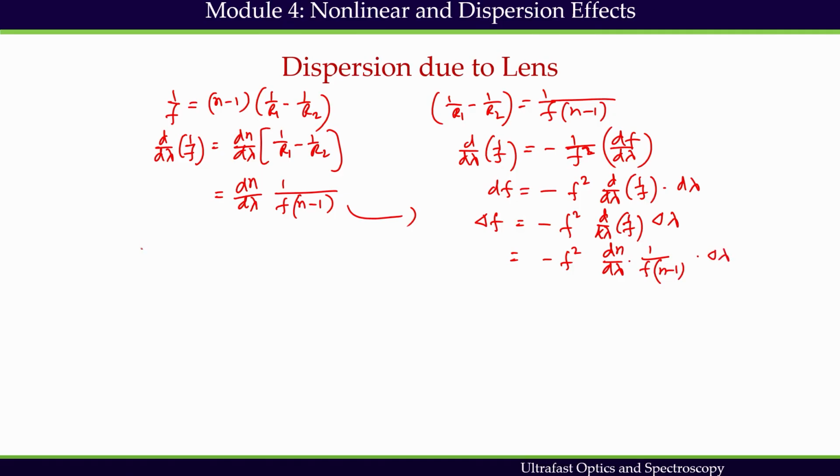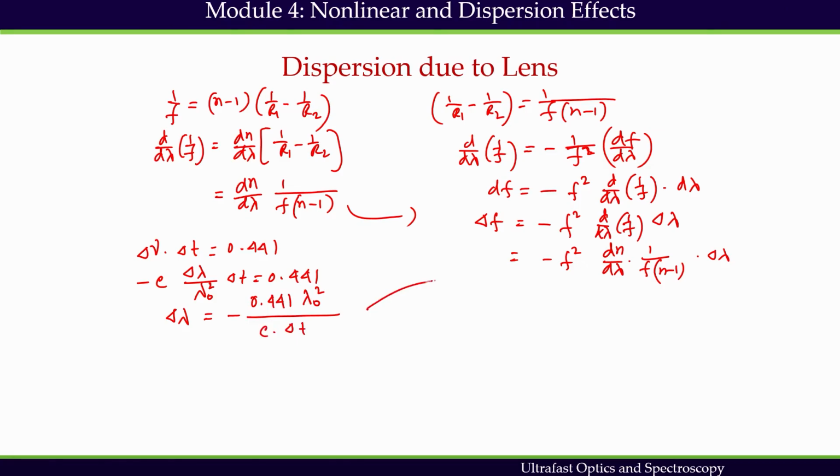Now we know that delta nu multiplied by delta t equals 0.441. That is the time bandwidth product for the Gaussian profile. So this can be rewritten as c delta lambda by lambda naught squared multiplied by delta t equals 0.441. We have seen this kind of derivation previously. So we are expressing the time bandwidth product in terms of delta lambda and delta t, which gives delta lambda equals 0.441 lambda naught squared divided by c delta t, which can be plugged in here.